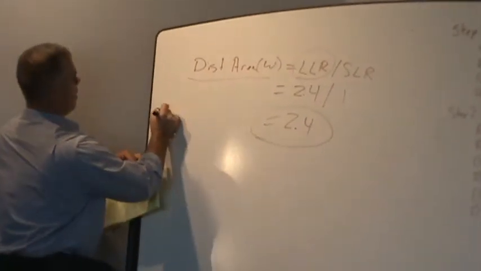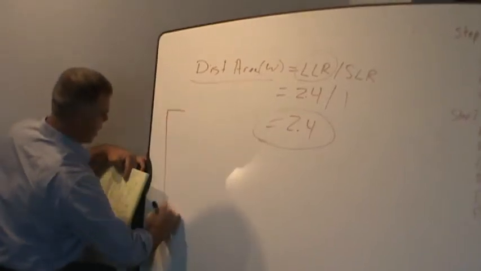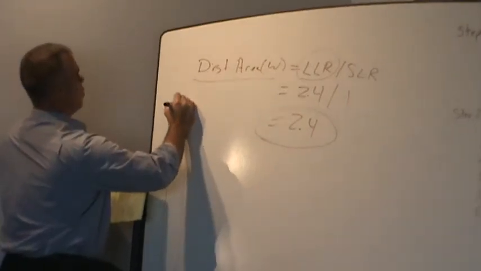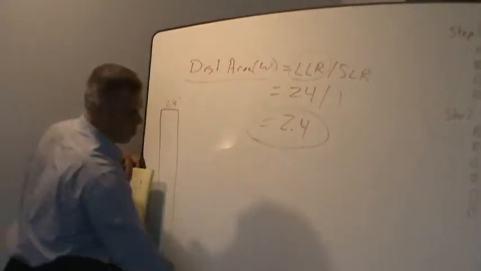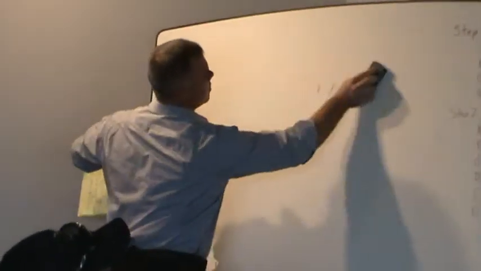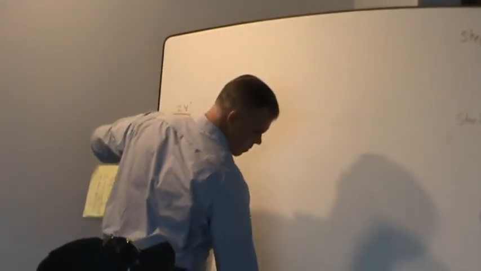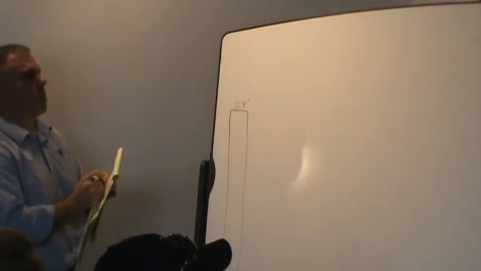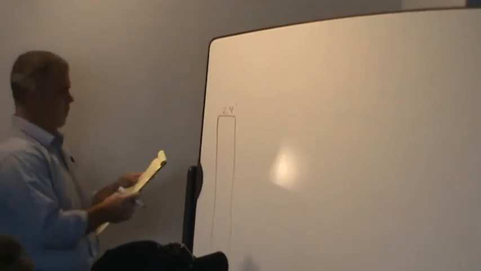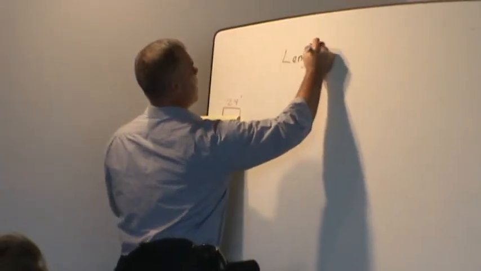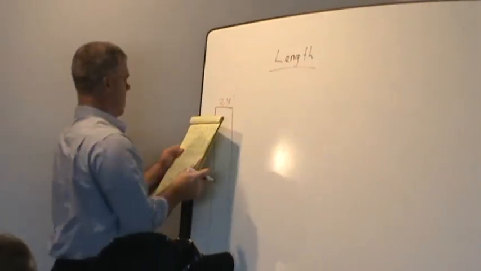So far our mound distribution area is 2.4 feet wide. Okay, go ahead and flip it over there. Okay, length. How do we determine the length of the distribution area?